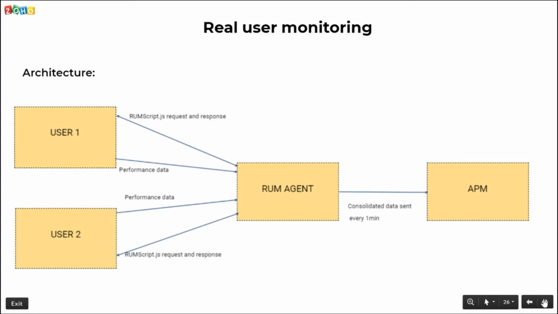Once the script is injected, when the user is loading a website, the RUM script.js request is sent to the RUM agent. Once this RUM agent receives a request, the RUM script.js response is sent back to the user.